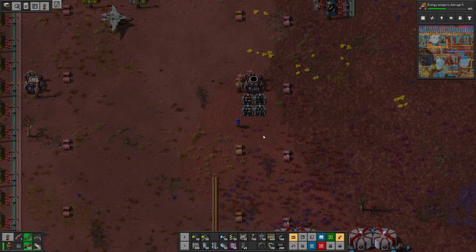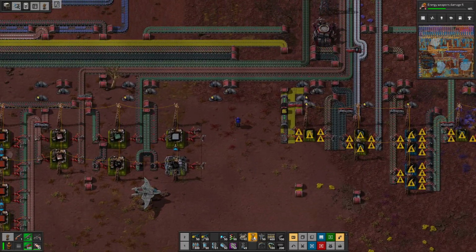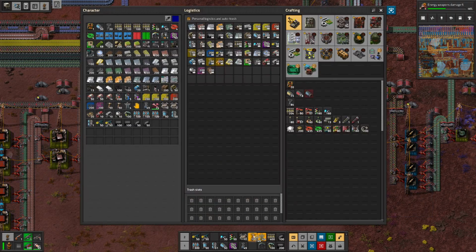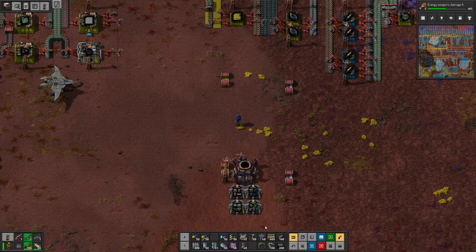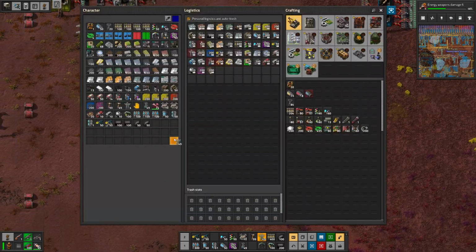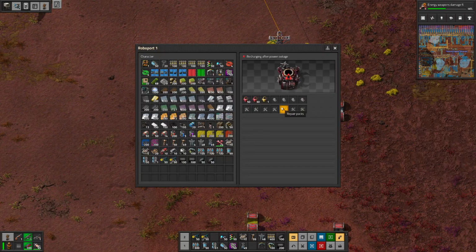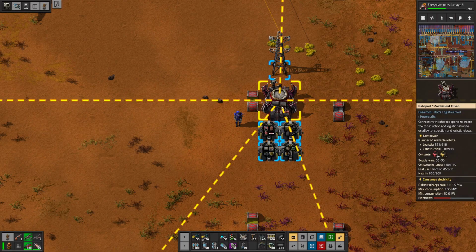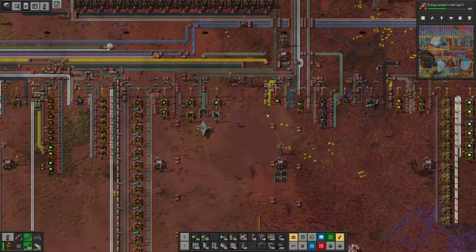There's our resin. Well, it looks like I broke something here. There we go. Okay, that is back up and running.